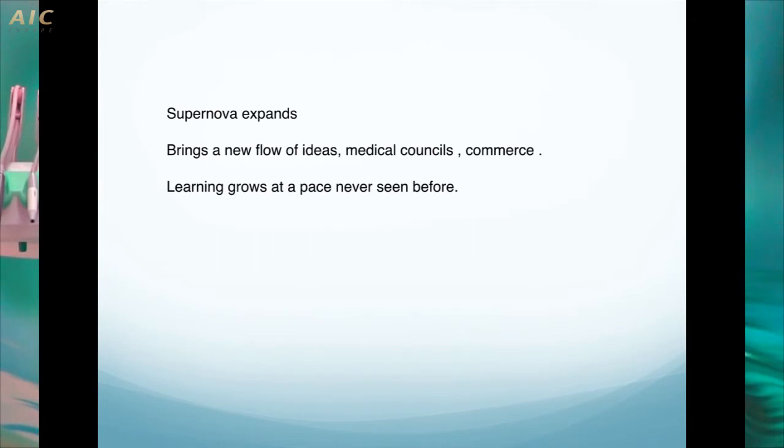That's why I think it's a flux of energy, unbelievable what's happening. Of course it brings new ideas, new medical councils, and even in commerce everyone is earning something with this new knowledge. So learning grows at a pace never seen before. This is the world that I think we live in today.